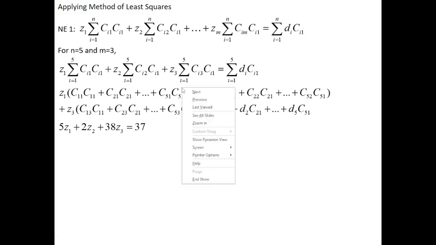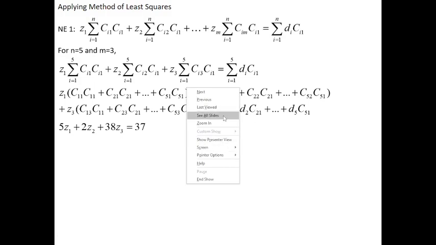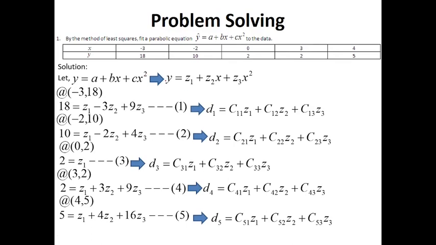Okay? So, eto na, di ba, napakita ko naman kung ano yung C11, C21, C13, C11, D1, D2. Ito yon, di ba? Sabihin niya, yung D1 ko ay 18. Sabihin nito, ang C41 ko ay 1.